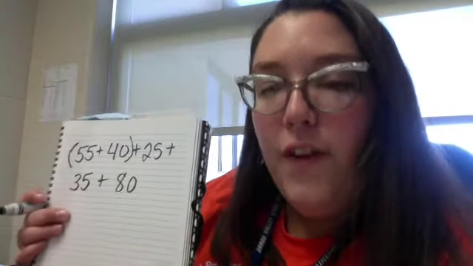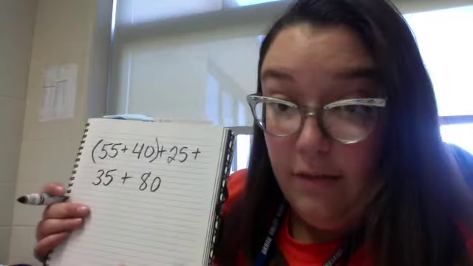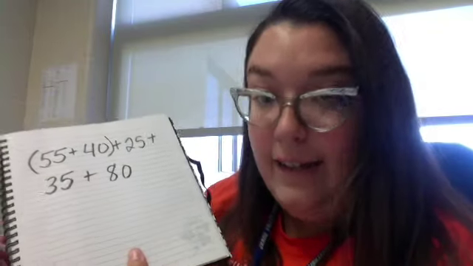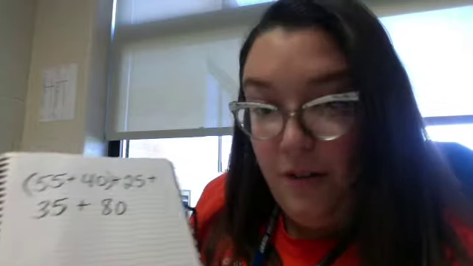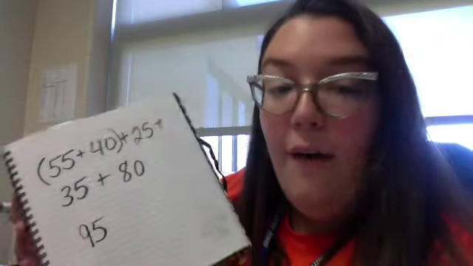So 55 plus 40. Okay, so if I know 50 plus 40 is 90, it would be like 90 plus 5, right? Because I did 50 plus 40. Well, plus 5 more is 95. Okay, so now I have 95 plus 25 plus 35 plus 80.